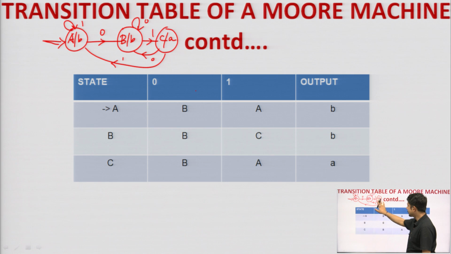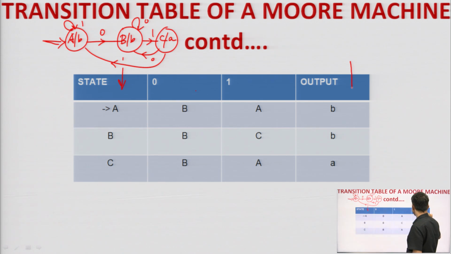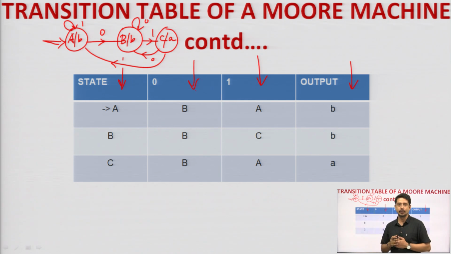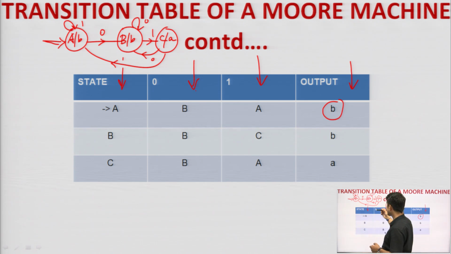Now, from this diagram you need to convert to a transition table. In the transition table of a Mealy machine, what is important? The state is associated with output, so the state and one output column will be there. Other than that, input columns will be there as in the case of DFA and NFA. So, A on seeing 0, where is it going?